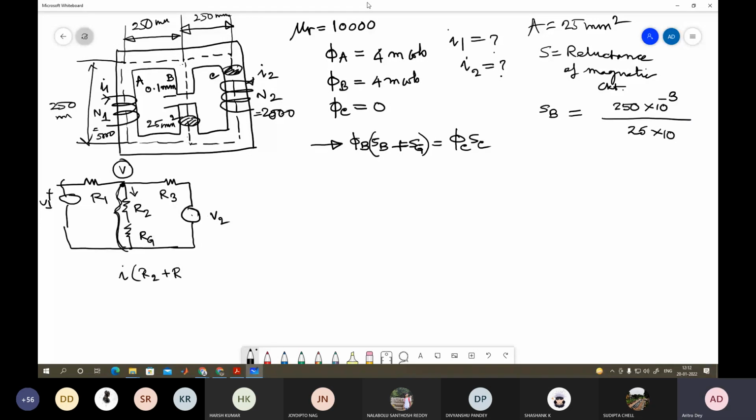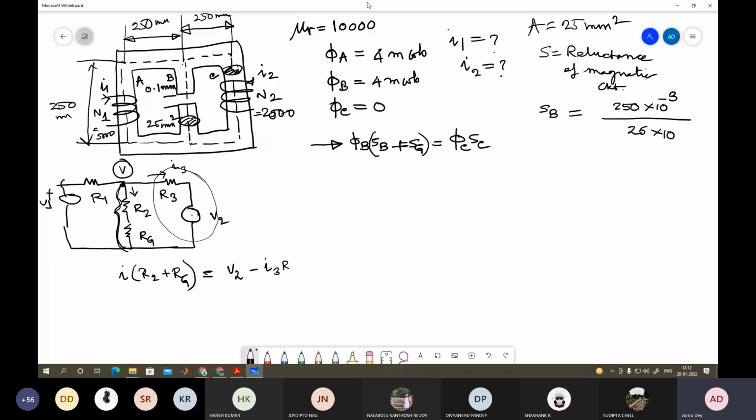So R2 plus RG should be equal to the voltage across this. So net, this voltage we have to use here. So what is that? It is V2 minus, if this branch current is I3, then I3 into R3.